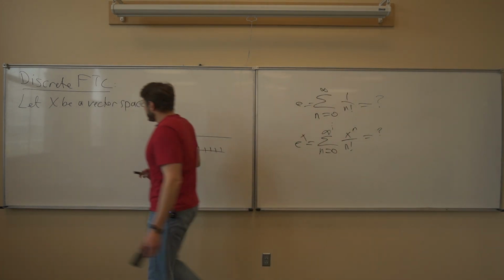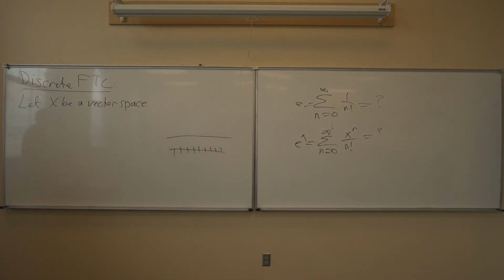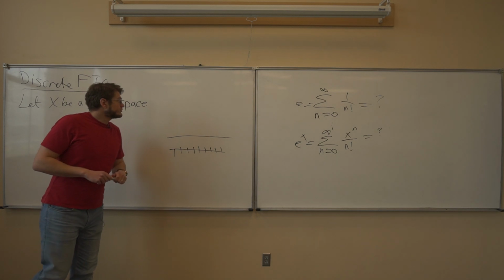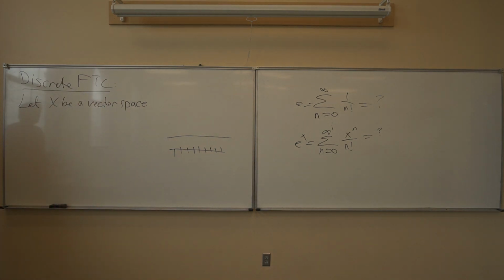And so that's the idea behind the vector space. How many of you have heard of this term, vector space? Okay, some of you. Vector space means you have a set, you have an addition, and you have what is called scalar multiplication. We've already seen a couple of examples of this.